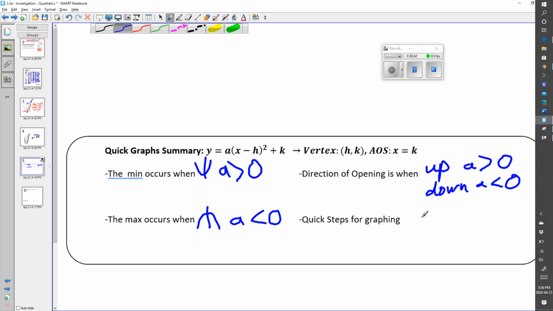Quick steps for graphing from the vertex. So we find the vertex. We'll call it V, and it's h and k. So remember, it's opposite of what you see. Remember, I call it opposite world. Whatever sign is on the number inside the bracket is opposite for our x value in our vertex.